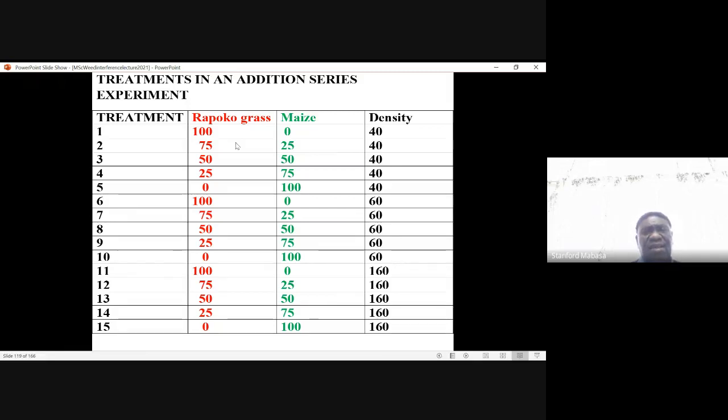Okay, so at this stage, I will stop presenting this PowerPoint and move to the whiteboard to explain something. I now want to share the whiteboard.